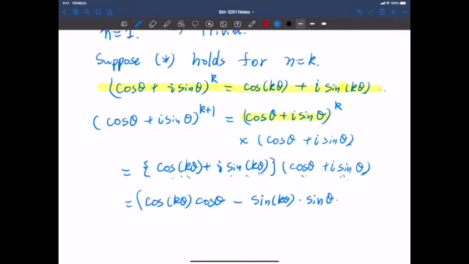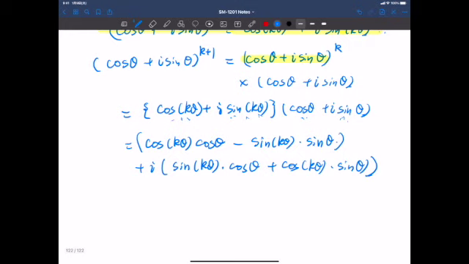So this is the real part, and the imaginary part is sine k theta times cosine theta, and cosine k theta times sine theta.